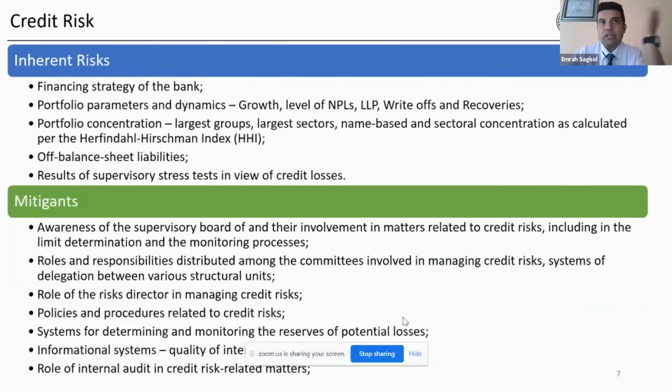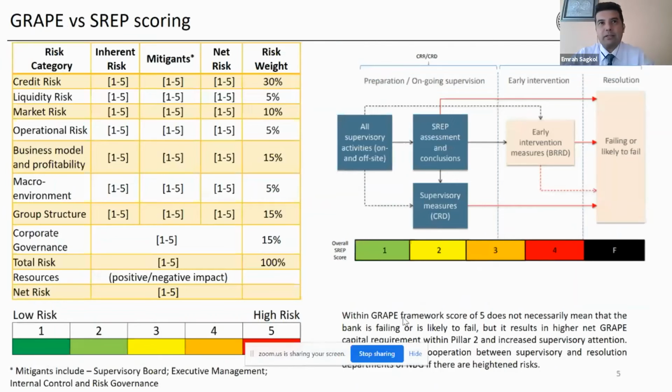For example, if corporate governance of a bank is very bad, it's 5. Can this bank receive a score of 2 as a result of the formulation here? Or do you have some kind of expert judgment to override the score coming from the formula?